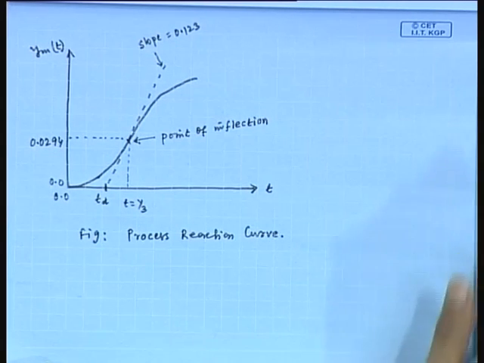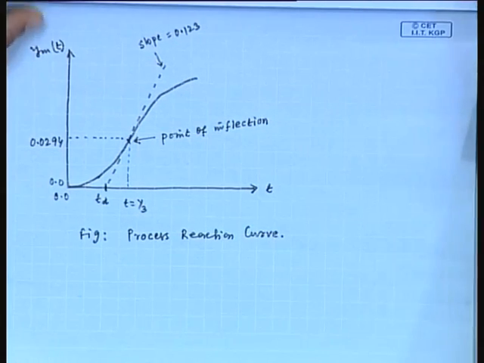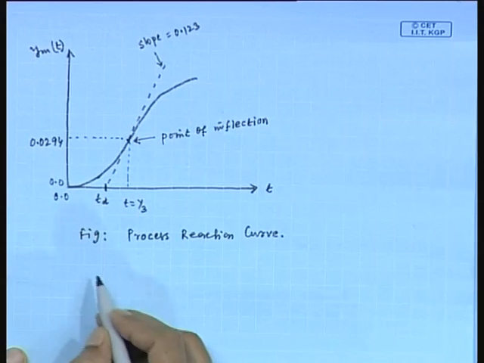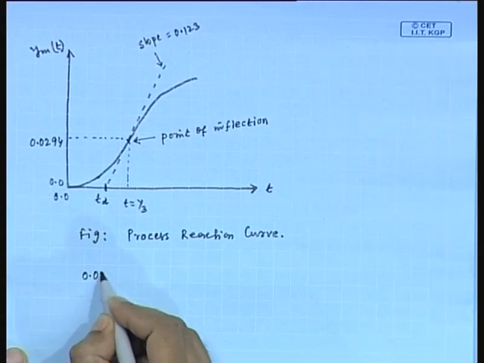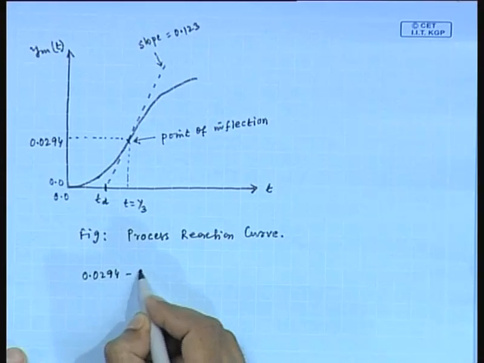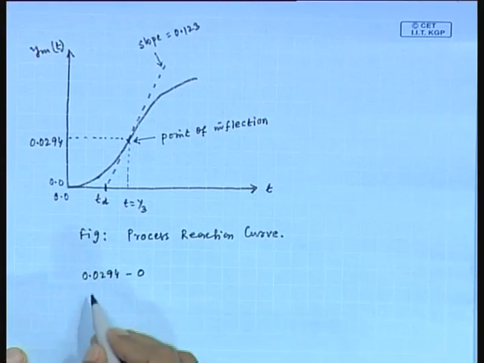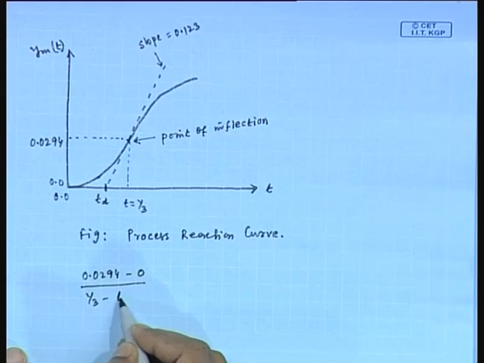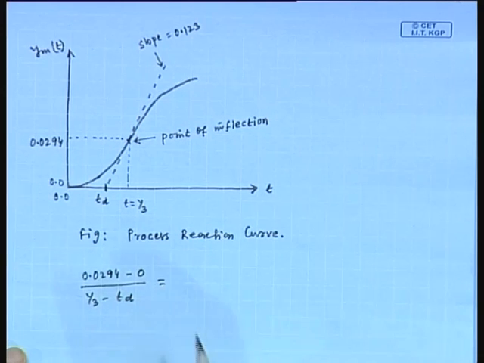Fine. Now, it is obvious from this plot that 0.0294 minus 0 divided by 1/3 minus Td equals what? Slope.